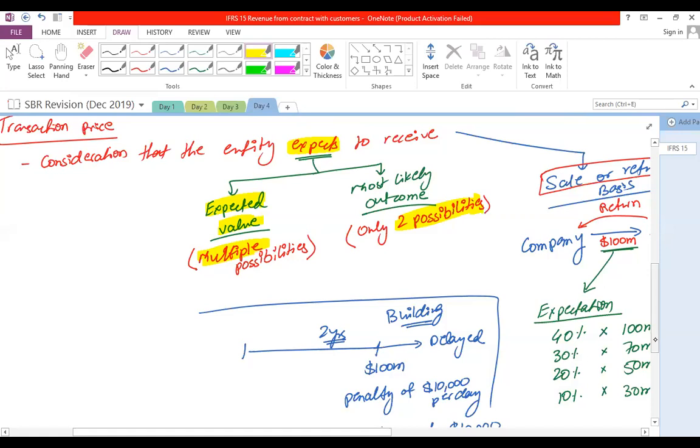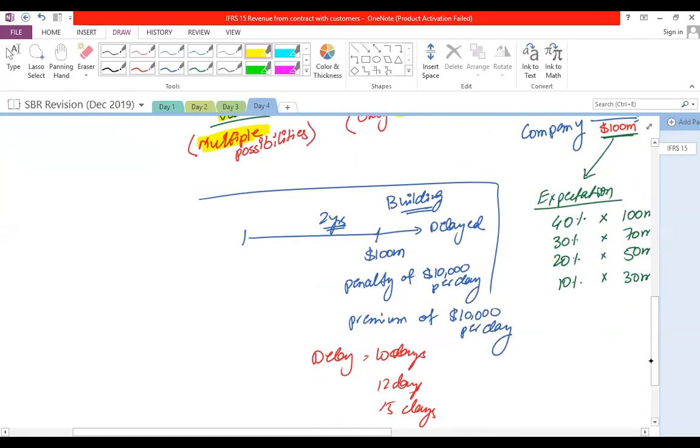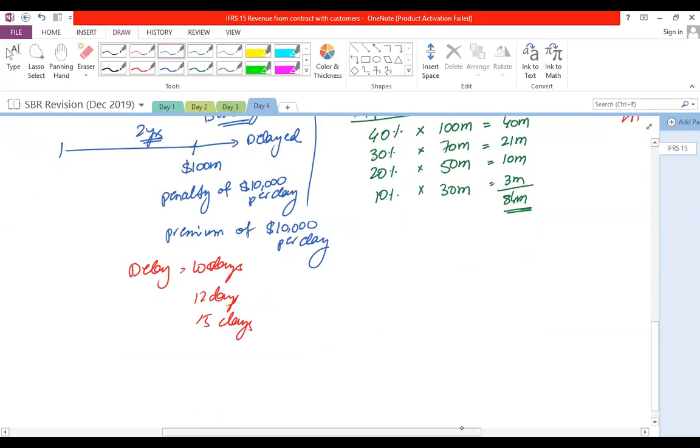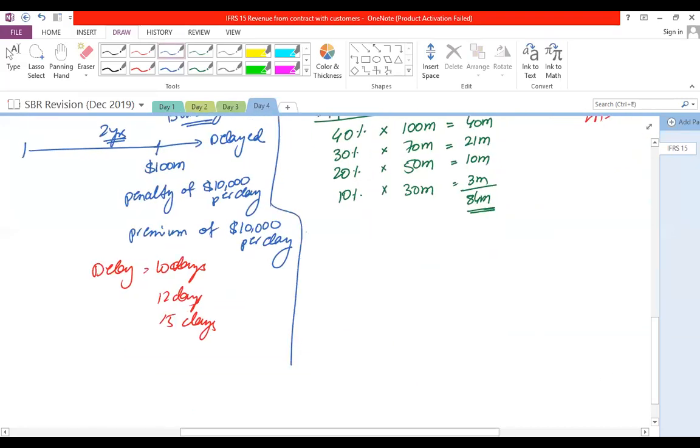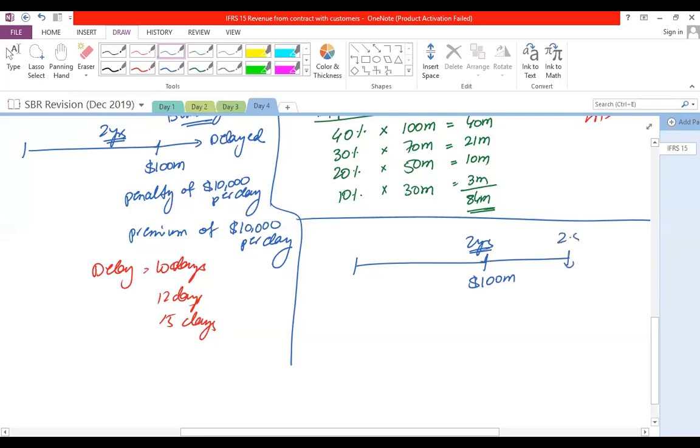But let's say we change the example a bit, a similar example, that we are constructing a building in 2 years' time for $100 million. And the question says that if it takes around 2.5 years, then a penalty of $10 million will be charged.